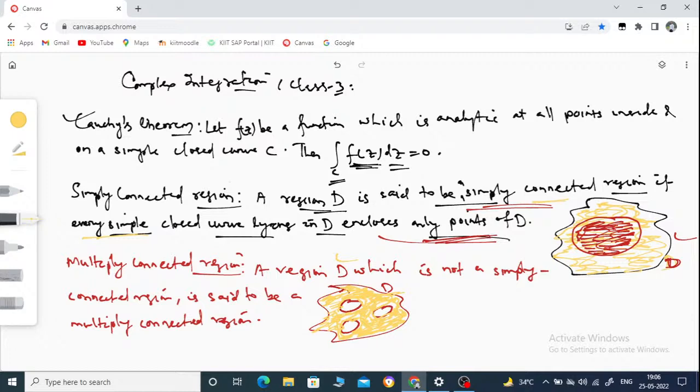There are three closed curves whose inside regions are not in this region D.